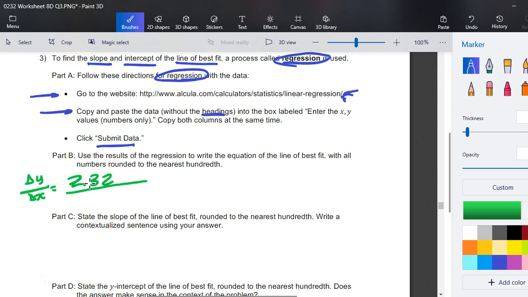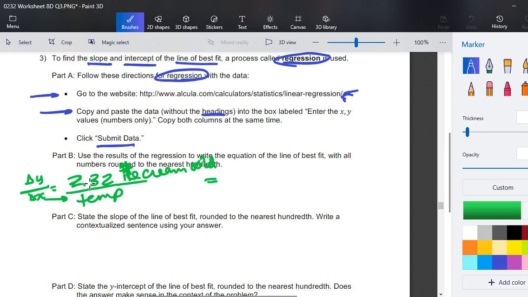So our y ended up being the number of items sold. So that's the ice cream sold. Our vertical count was the number. Our horizontal, the x, was the temperature.